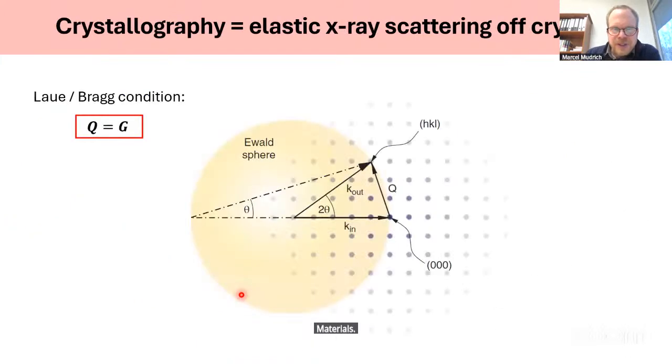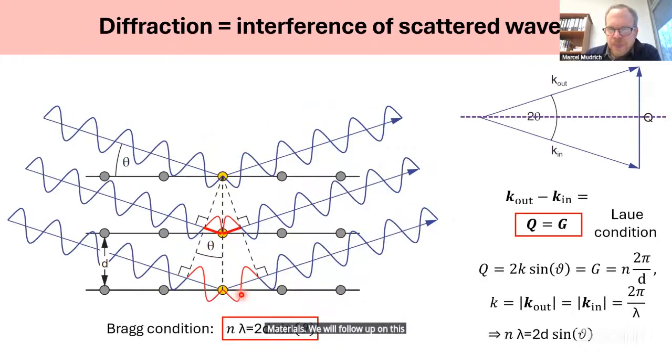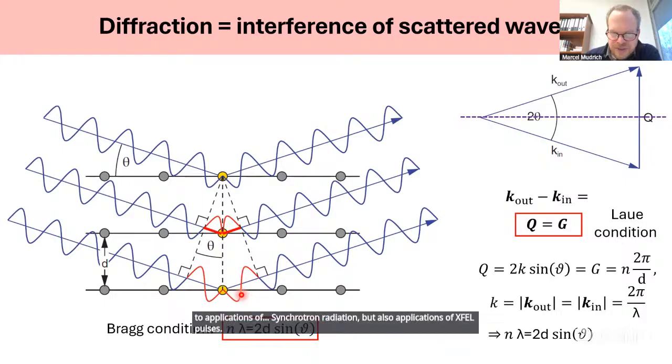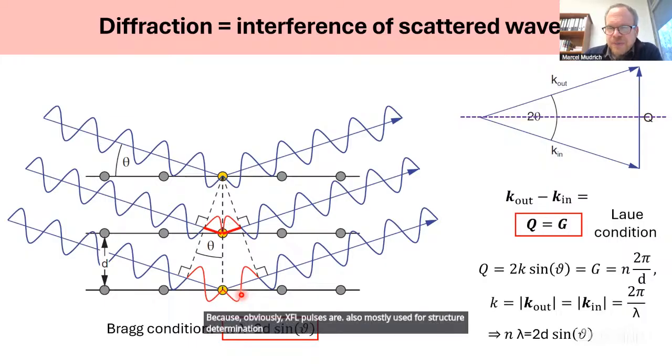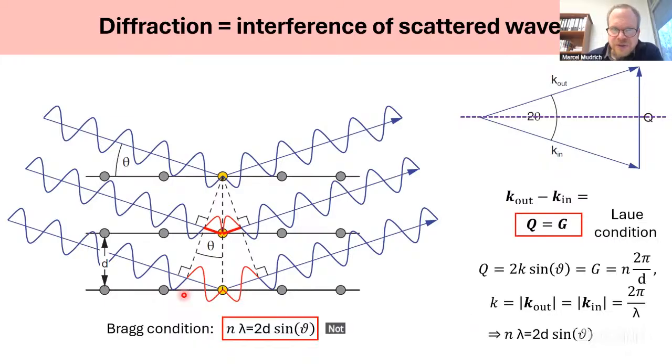We will follow up on this very soon when it comes to applications of synchrotron radiation, but also applications of X-FEL pulses, because obviously X-FEL pulses are also mostly used for structure determination by diffraction imaging, not so much for crystal targets, but more for amorphous and even single nanoparticle targets.